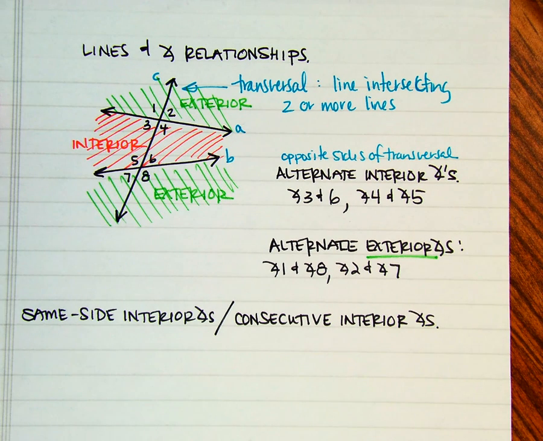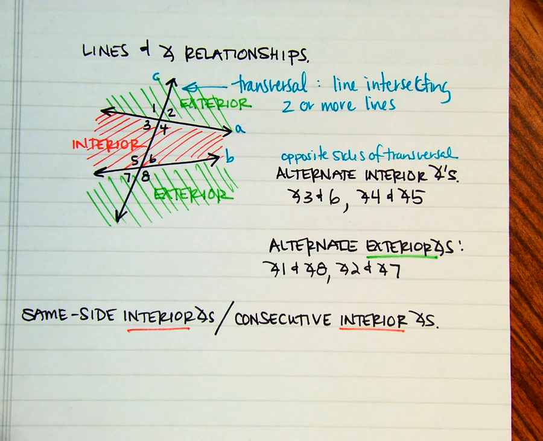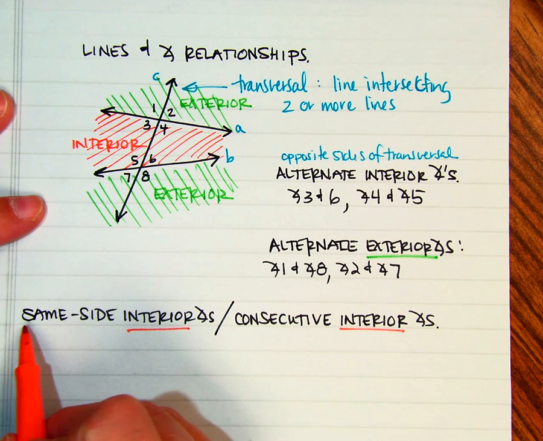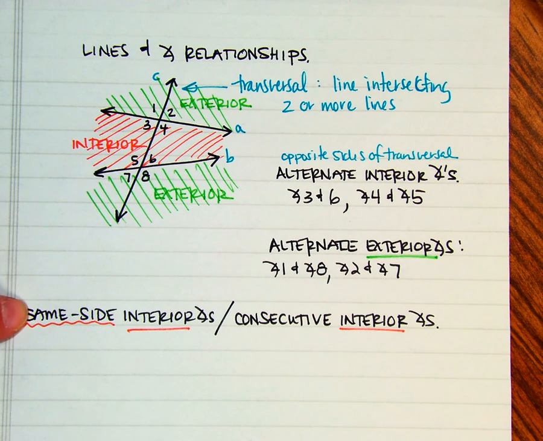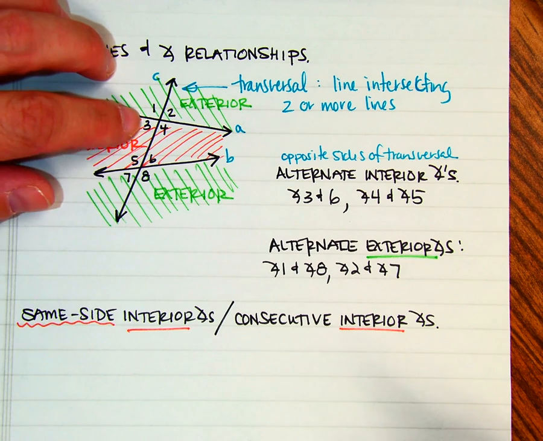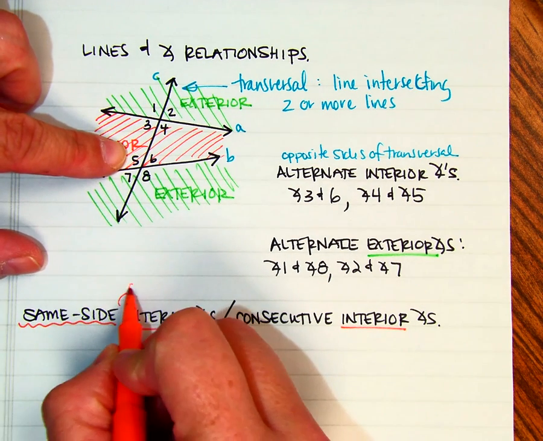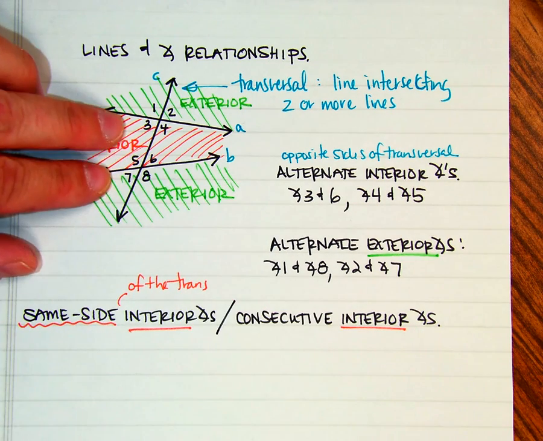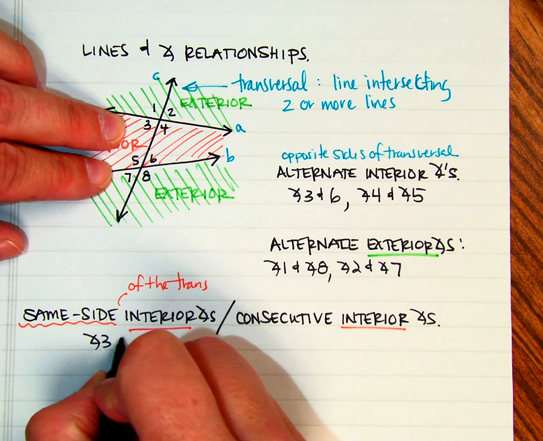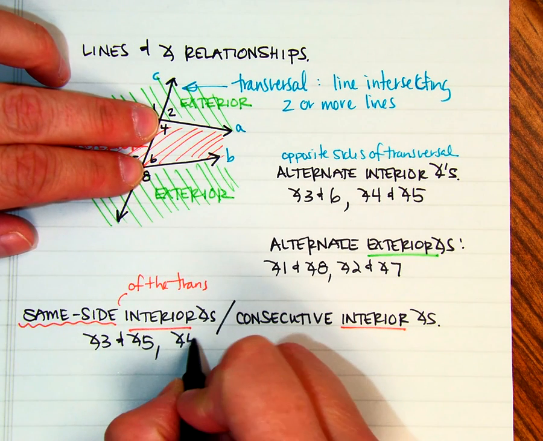So again, keyword being interior. So I know that my two angles that I'm looking for have to both be on the inside. And this one might be even more obvious. It says same side. So if we're looking at the interior, the only ones that are on the same side of the transversal are 3 and 5. And then we have another pair of angles, 4 and 6.